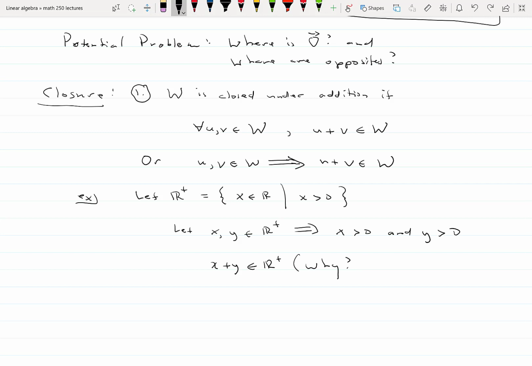What do you get when you add up two positive numbers? x plus y is in R since the sum of positive numbers is positive. Remember, we get to assume the properties of real numbers. The sum of positive numbers is a positive number. You can't get out of the set of positive numbers by adding two positive numbers.